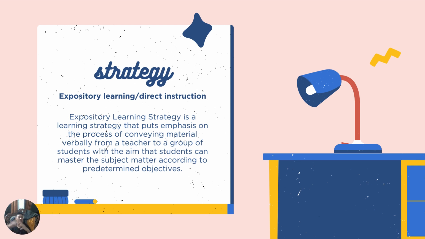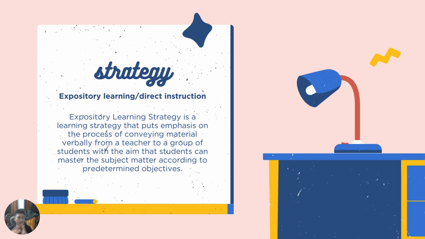Basically, strategy itself has lots of terms, but in this case, I will use expository learning or direct instruction, which has a great correlation with our theory, that is the behavioristic learning theory.